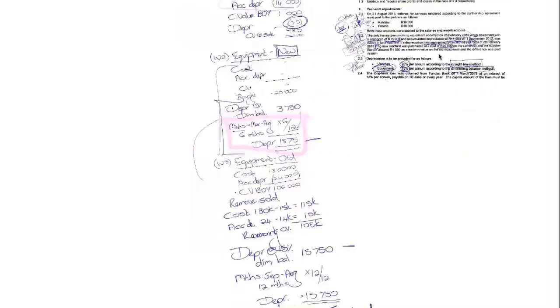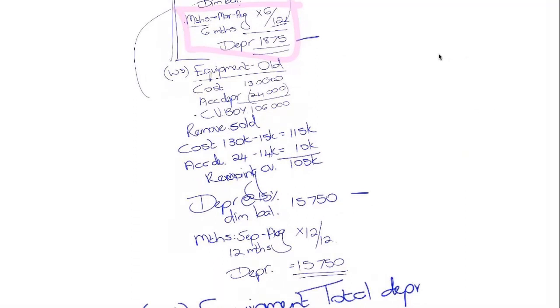So if we imagine, for example, your calculation on the old equipment, there's a possibility that there may be 4 marks on offer for this particular balance, for your depreciation calculation here. But if you get 15,750 and that is on the mark plan and markers go, that's great, we'll give you 4 marks for that. That's what you want.